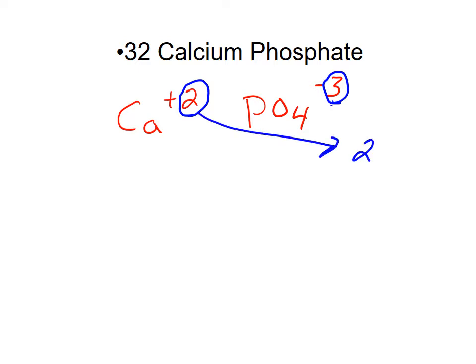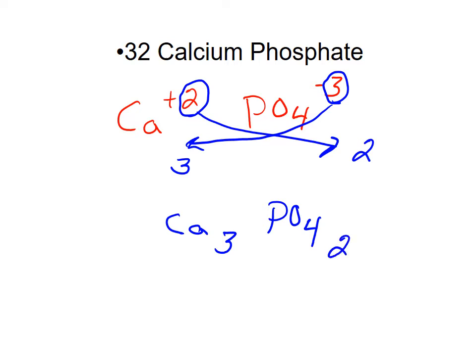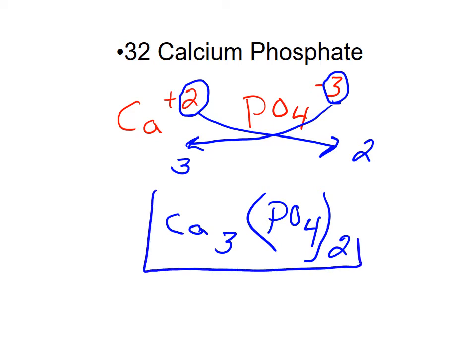Go 2 that way. 3 comes this way. So we have Ca3 PO4 with a 2 out here, since that's polyatomic and I have more than one unit of it. I have to put it in parentheses.